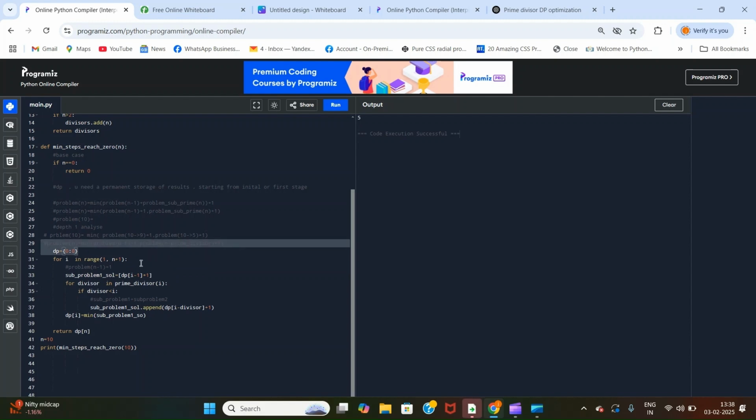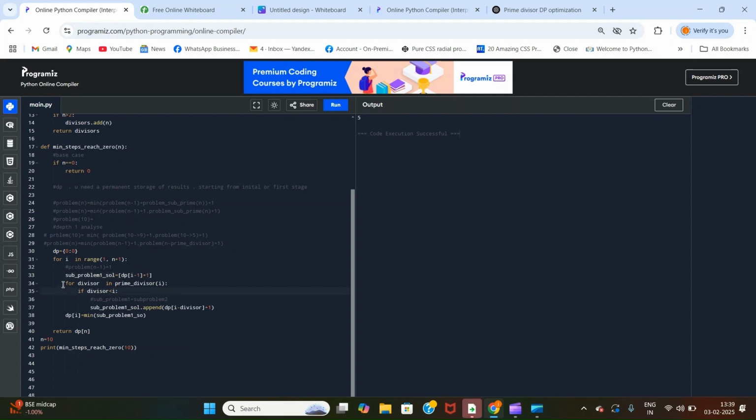What is the formula? This is your formula. What happens for one? For one I am maintaining a list for each case, and in that list I am maintaining two choices. Okay, what is choice one? Choice one is my n minus one step, like this is your step.